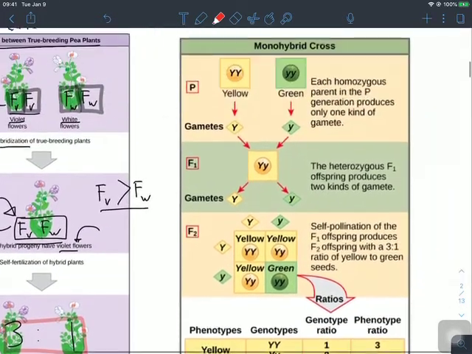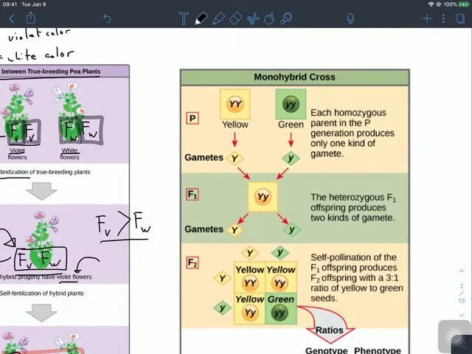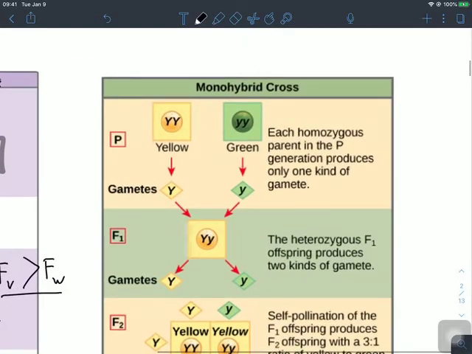Let's walk it through again with yellow color and green color on peas.